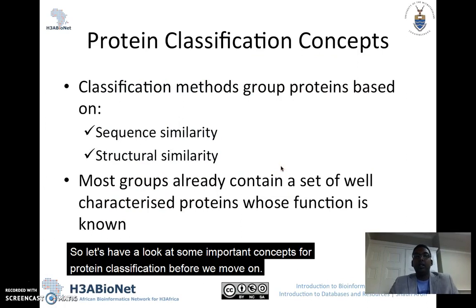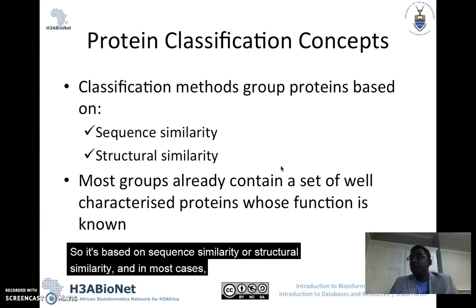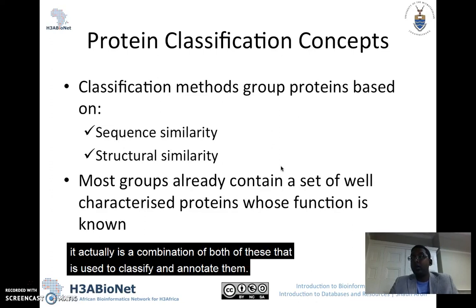Okay, so let's have a look at some important concepts for protein classification before we move on. We can classify proteins based on two main types of approaches: sequence similarity or structural similarity. In most cases, it is a combination of both of these that is used to classify and annotate proteins.